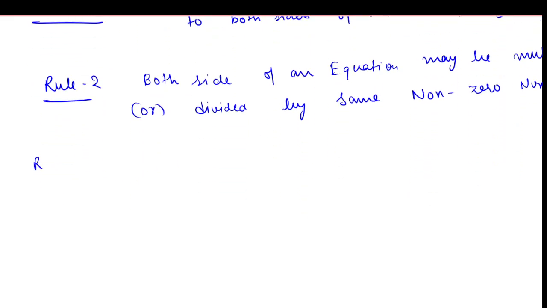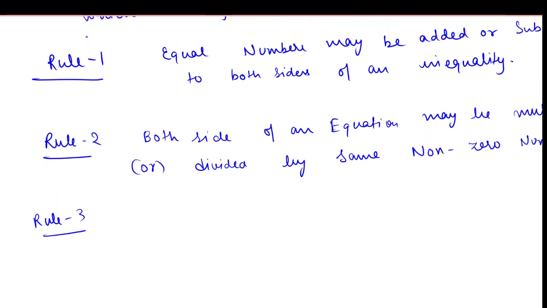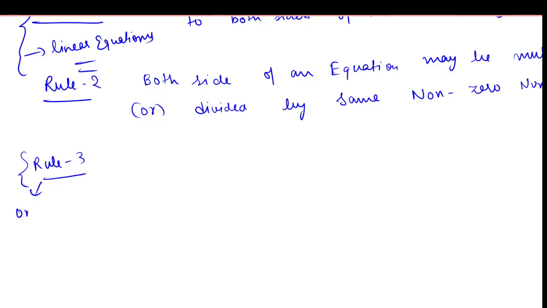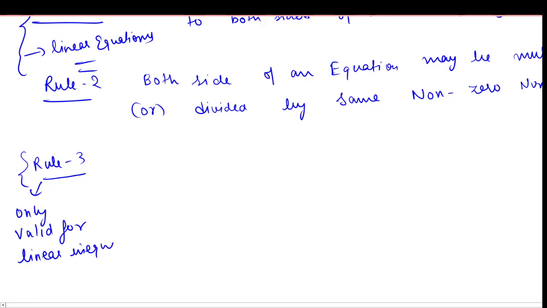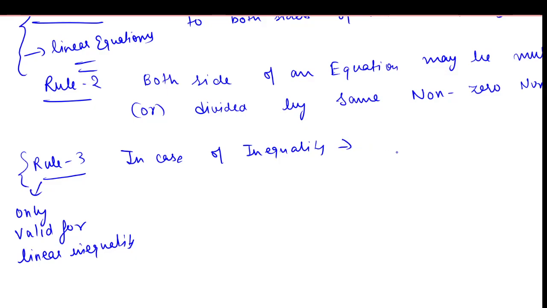Rule number 3. Rule number 1 and 2 are also valid for linear equations, but rule number 3 is only valid for linear inequalities, which says that in case of inequality, the sign of inequality is reversed.